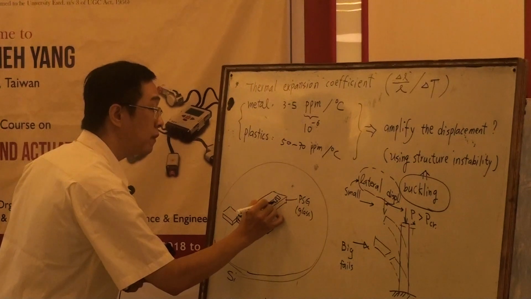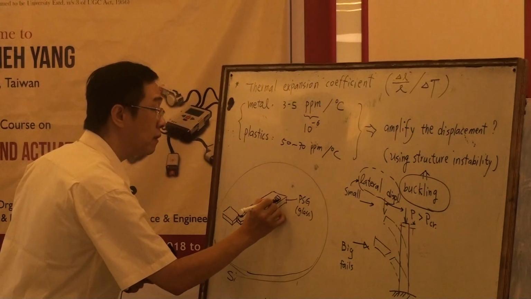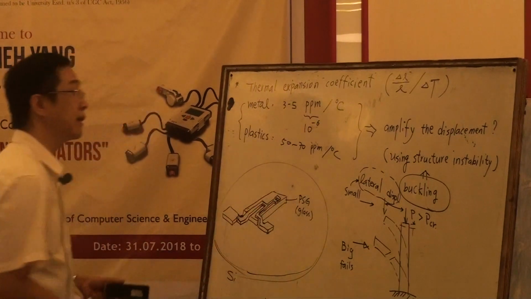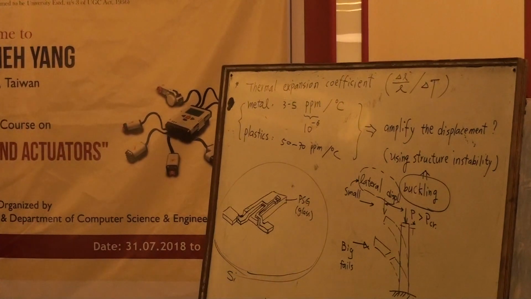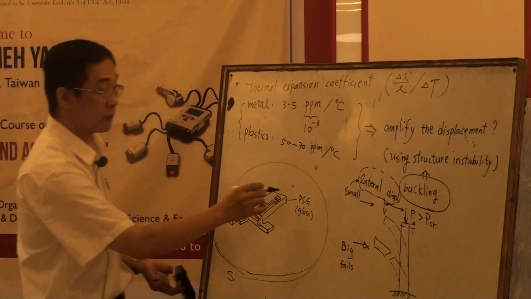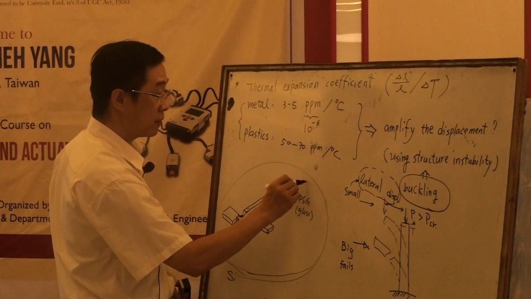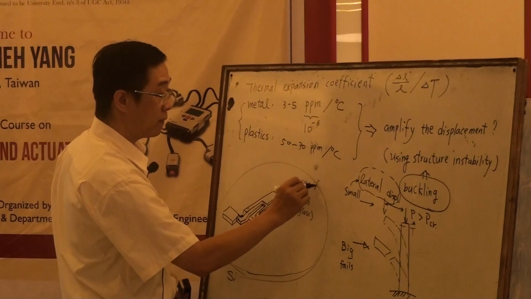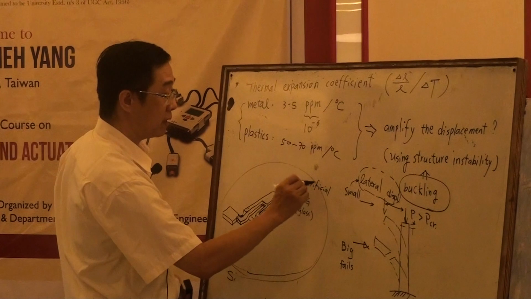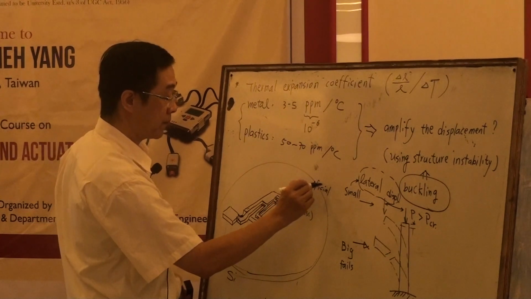So a little bit different from the previous design of Professor Guckel in the United States. So PSG is the sacrificial layer. It means that finally we will remove it.